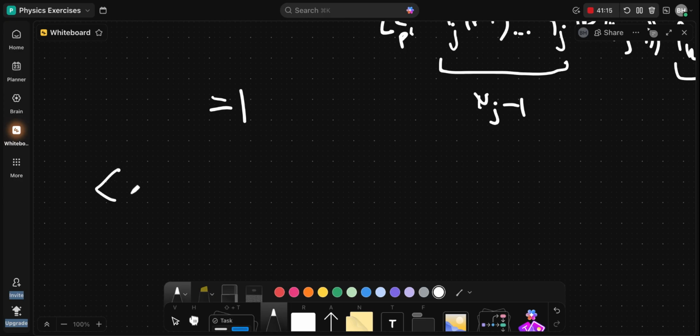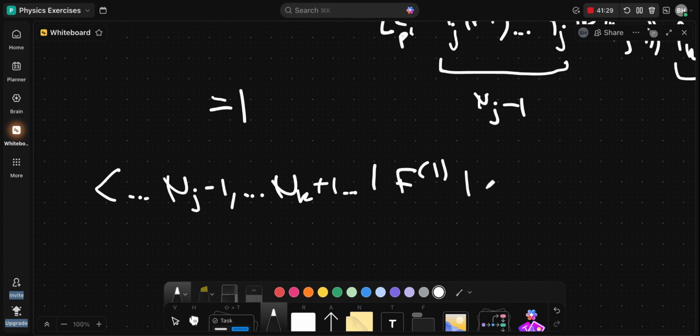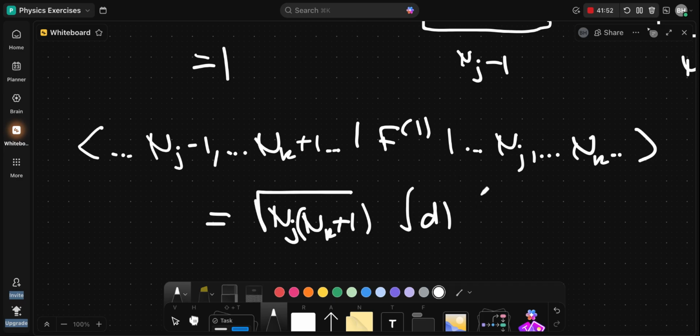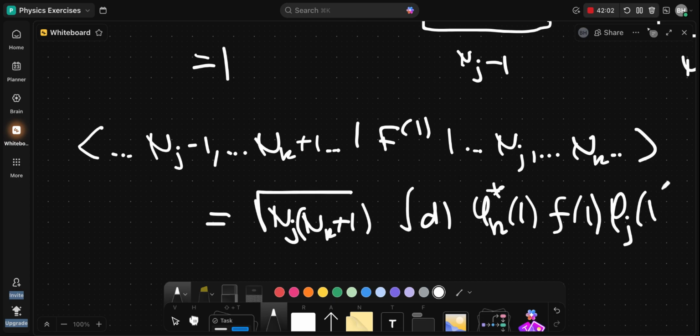The final result for this part is that if you have nj minus 1, nk plus 1, and a one particle operator, nj, nk, your result is going to be the square root of nj and then nk plus 1, and that needs to be in parentheses, and the integral d1 phi k star 1 f1 phi j 1.